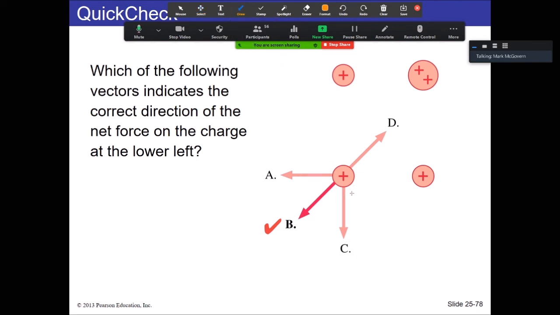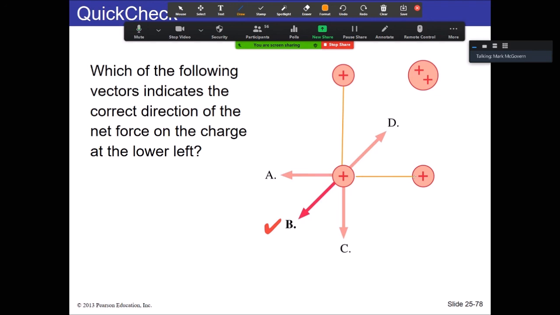C actually shows the vector from the top one, and A shows the vector from the right one. Now, D is the 2 charge up here, where there's going to be a force down and to the left. One thing that's a little unclear here, and I do apologize, is that this distance doesn't really look like it matches that distance right there.